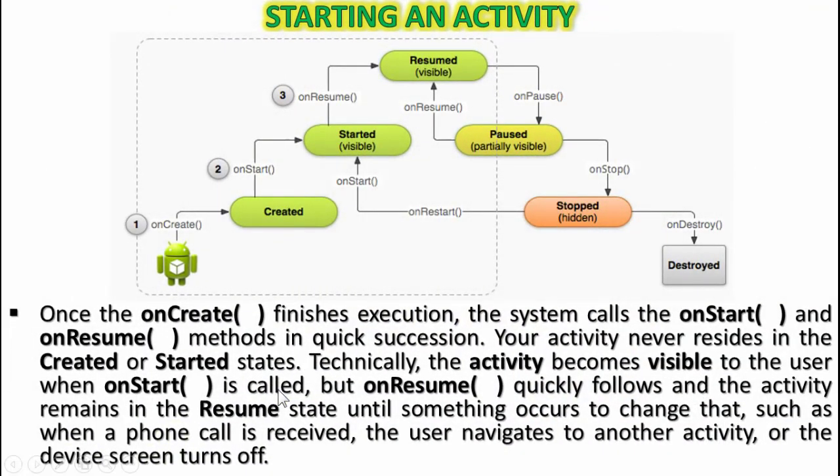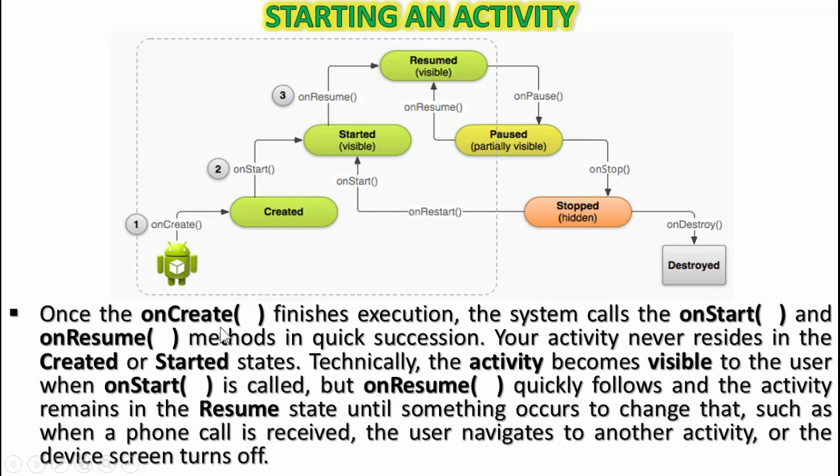Next, let us learn what happens when we run our mobile app in a smartphone, by understanding how a mobile app's activity will be run by the Android operating system together with the Android device CPU.